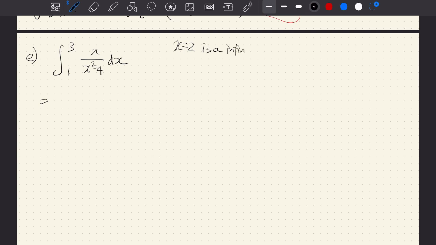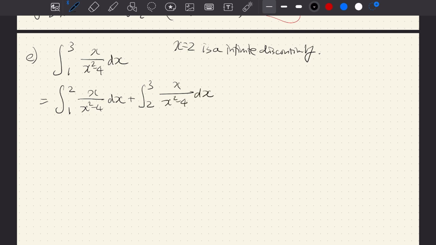Because x equals 2 is an infinite discontinuity, we should split this integral into two parts, one going from 1 to 2 and one from 2 to 3.